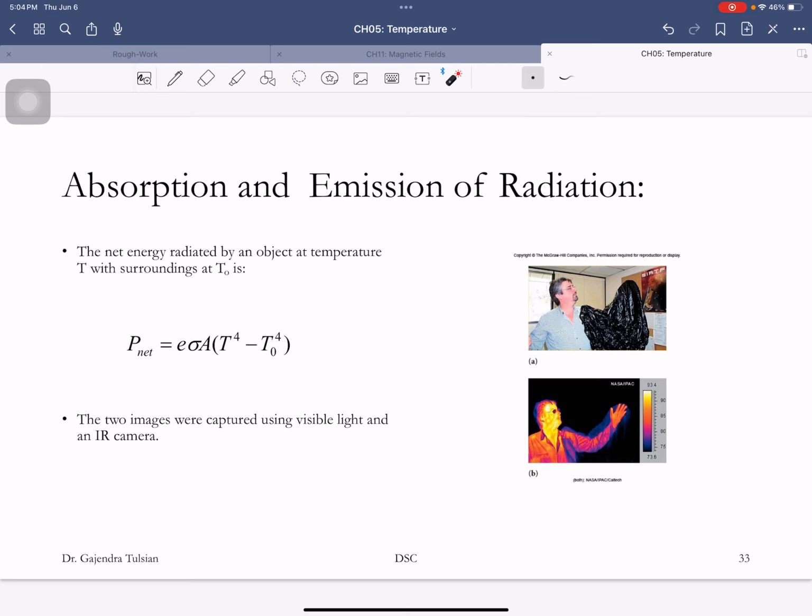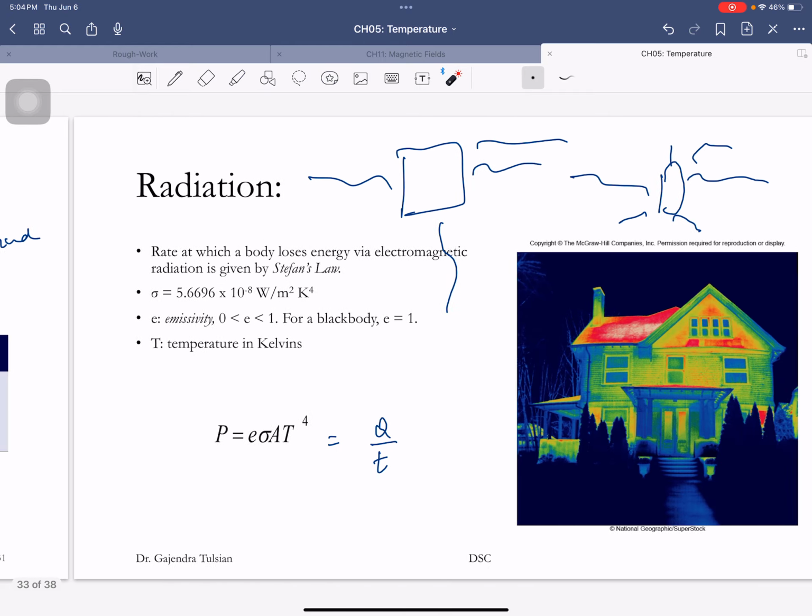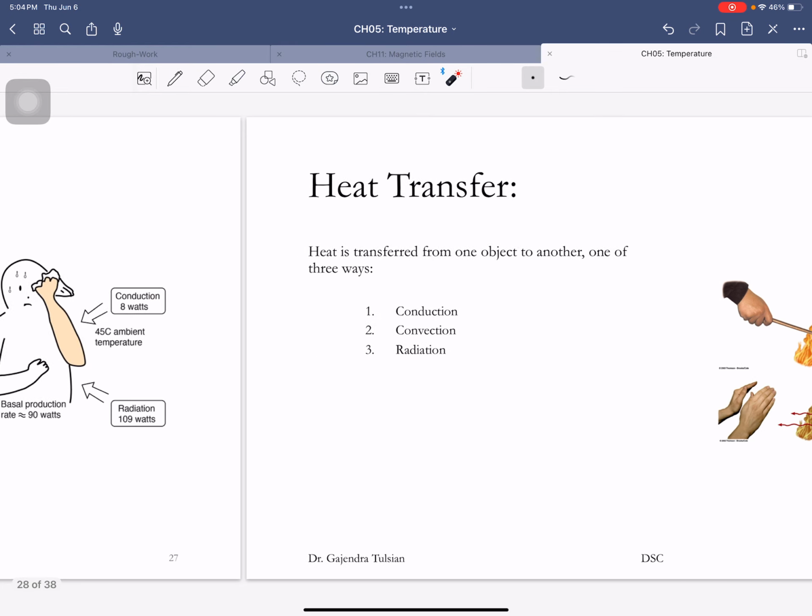Now what this formula says is, if the surrounding temperature is T0, you're getting electromagnetic radiation from the surroundings, and you're also emitting. If the surrounding temperature is higher than yours, you're getting net radiation, you're gaining radiation. If the surrounding temperature is lower, you're losing energy via radiation. You saw this in one of the previous slides.